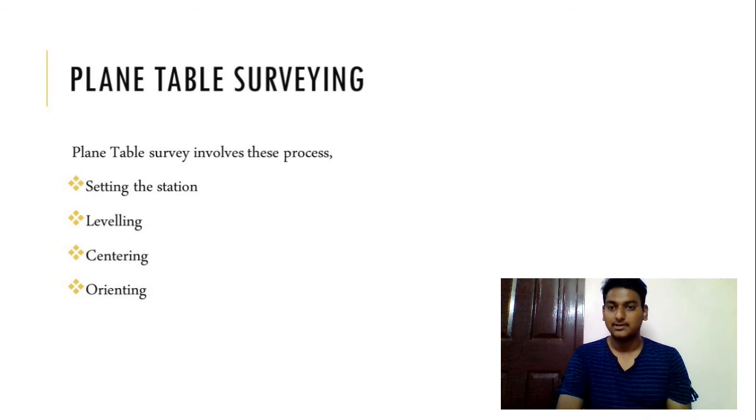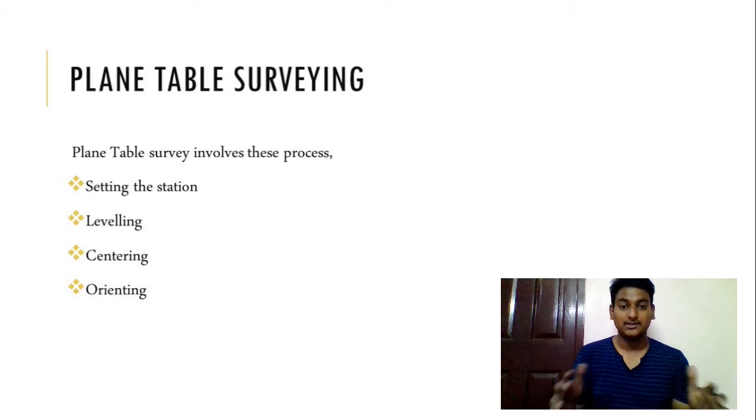Next, plane table survey involves these processes: the first one is setting up the station, then leveling, centering, and orientation, which deals with the steps that need to be set, and also the alignment.